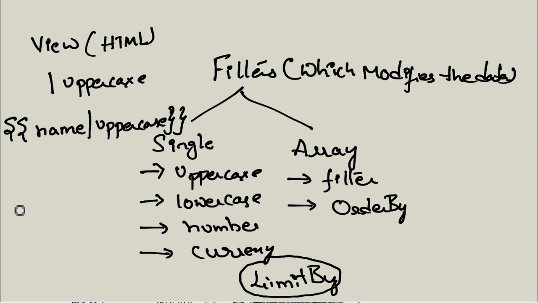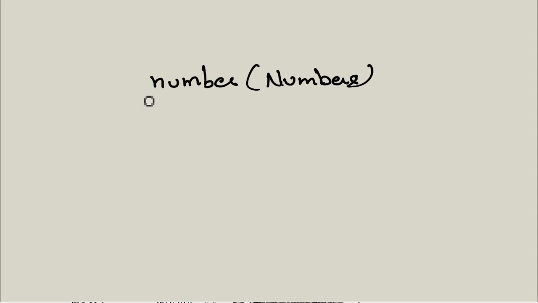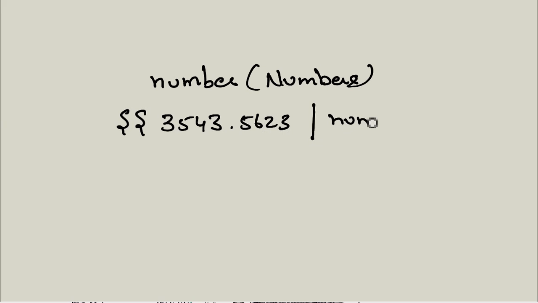And in the same way, we also have the filter called number. This filter is only applied to numbers or integers. So what exactly does this do? Let's say I have a number 354.5623, and I apply the number filter. This filter does two jobs.